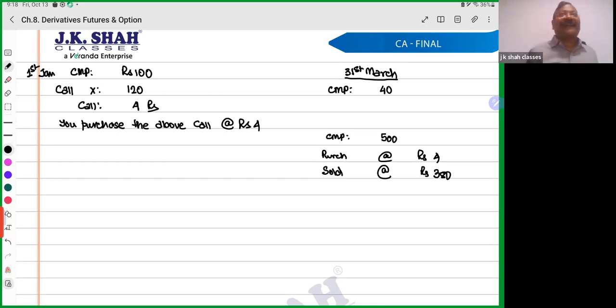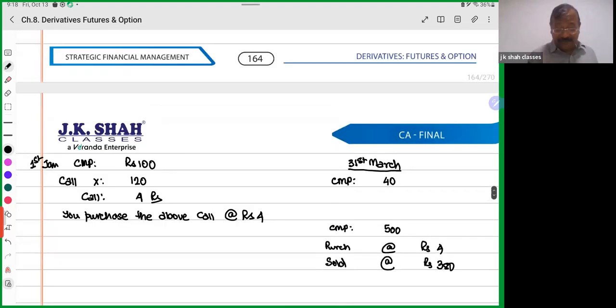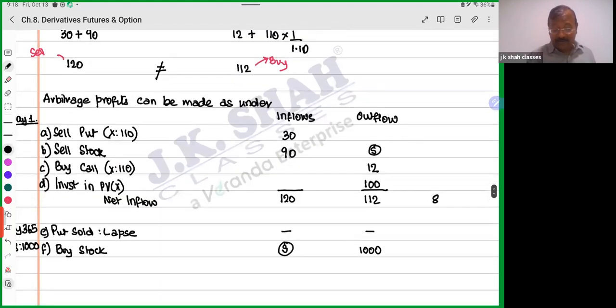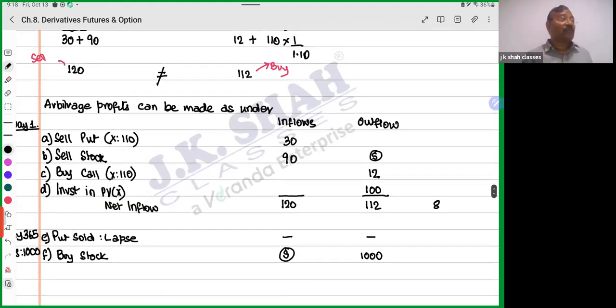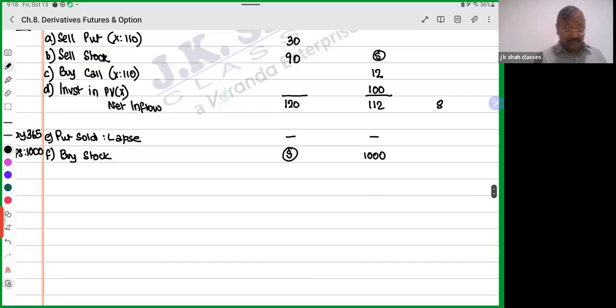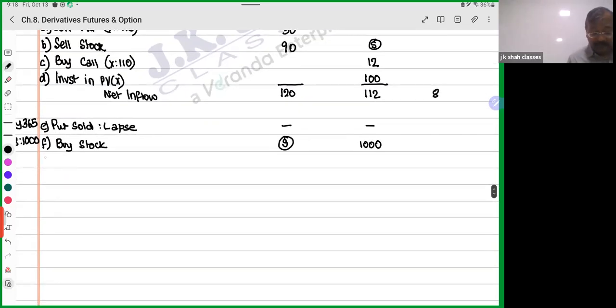It was just a contract. But now options, on day 1, you are paying 4 rupees, no? So if the question asks you, what is the profit or loss in this option? 376. But in this case, we are talking about inflow outflows, right?